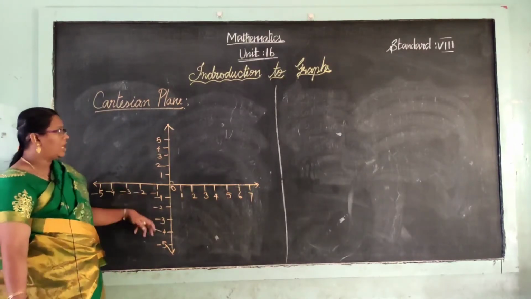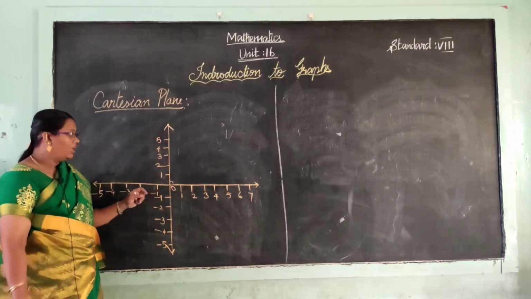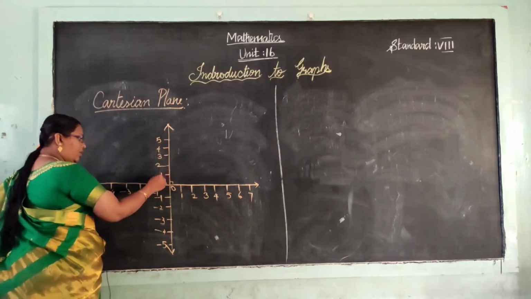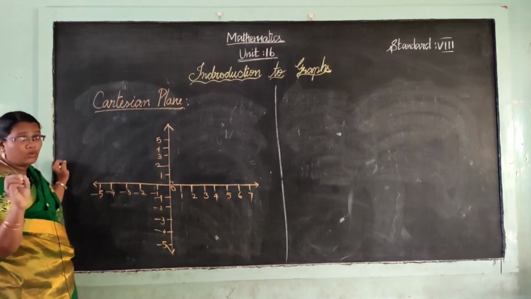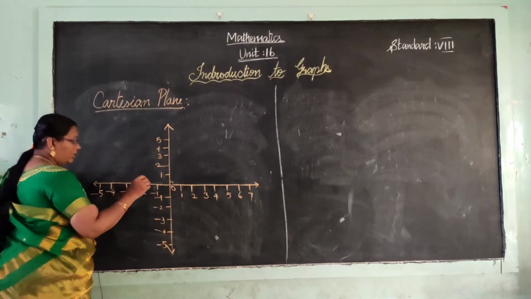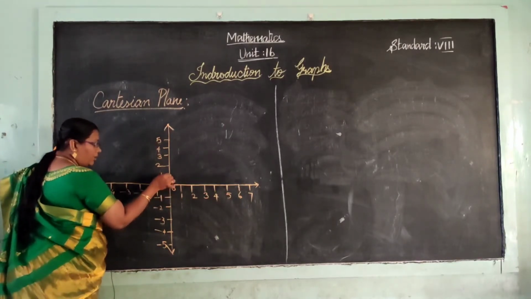Check well: one unit has 10 small square boxes, so check it carefully and mark it.